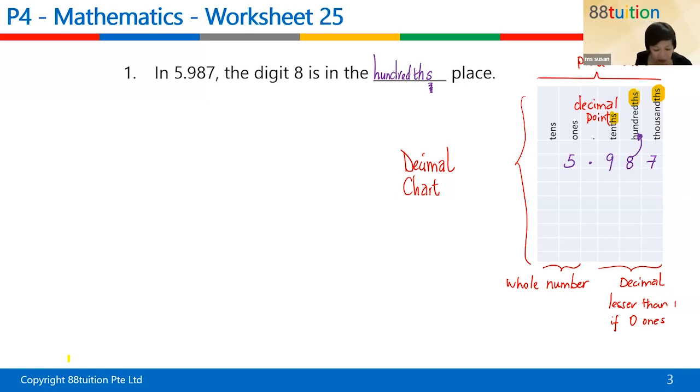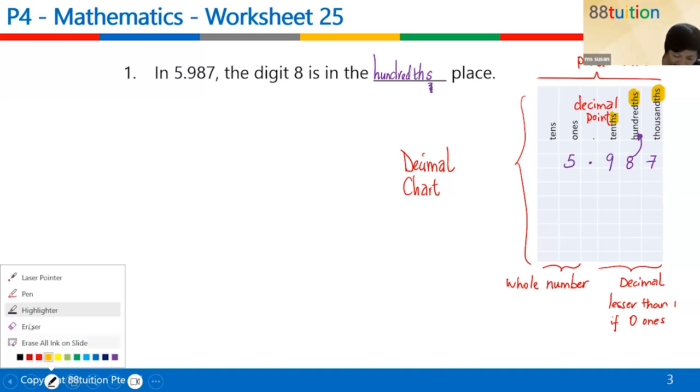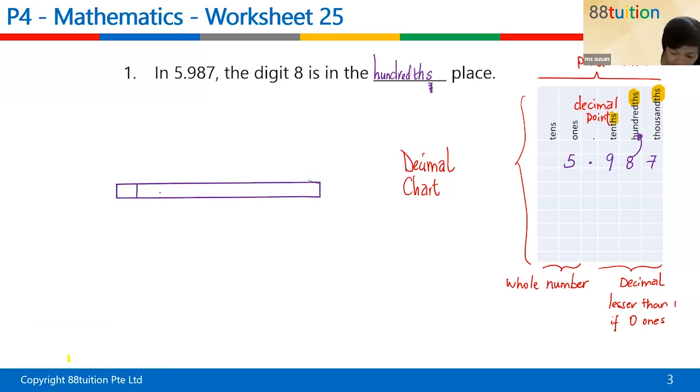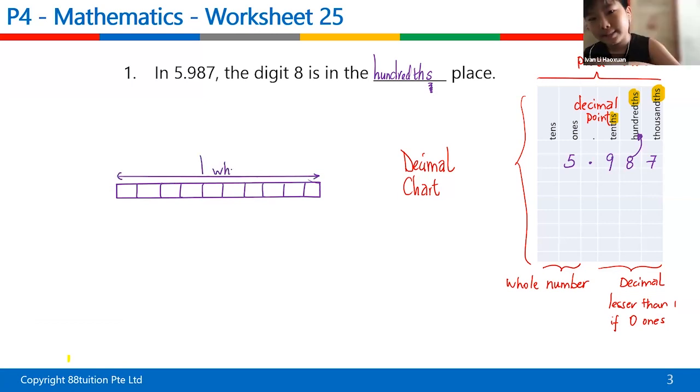I give you a question. You learned fractions before. Look at my fraction here. If I were to cut this into 10 parts, it's a very good question. What is this thing called? One whole, right? And one whole is divided into how many parts? 1, 2, 3, 4, 5, 6, 7, 8, 9, 10.